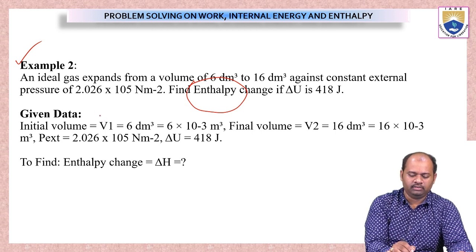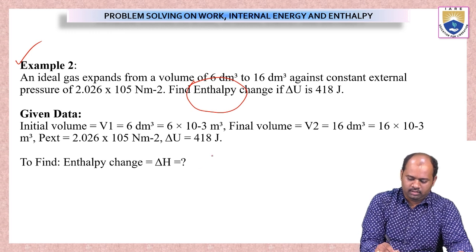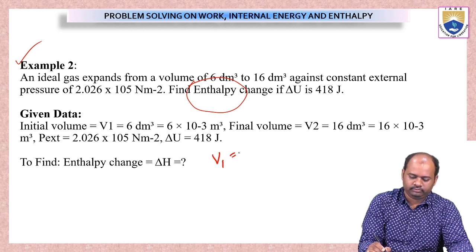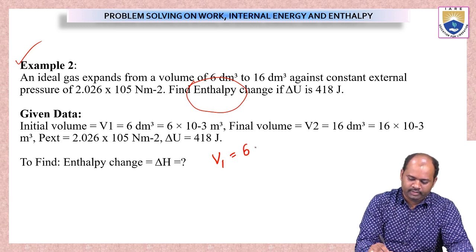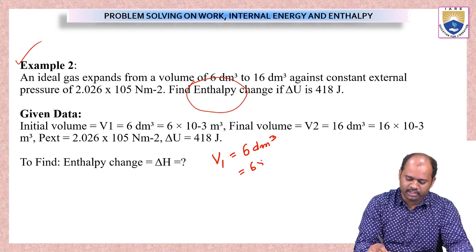We'll see first what is the given data. Initially the volume V1 is equal to 6 decimeter cube. This can be rewritten, converting into meters, as 6 × 10^-3 meter cube.